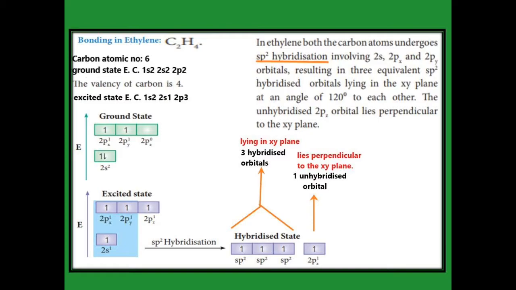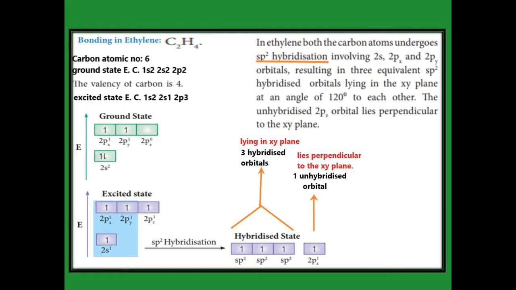Now here we have to consider how many orbitals are in the excited state? 4 orbitals in the excited state. But not all the 4 orbitals are involved in the hybridization here. Then how many orbitals are going to be hybridized: the 2s orbital, 2px and 2py orbitals, not the 2pz orbital. So the orbital not involved in the hybridization is the 2pz orbital, that is called the unhybridized orbital.